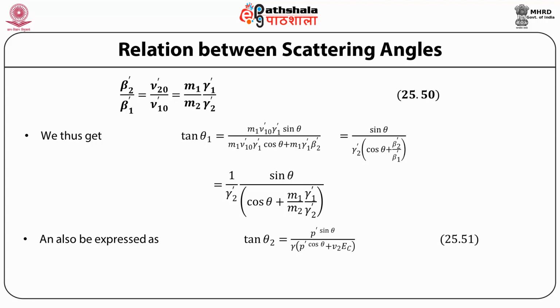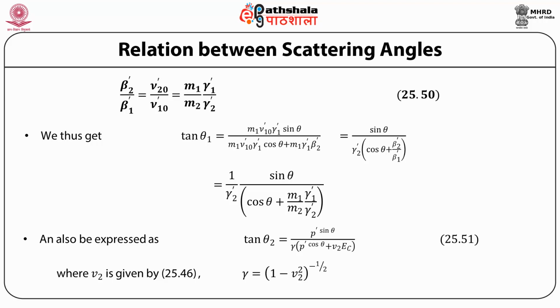It can also be expressed as tan theta 2 equal to P prime sin theta divided by gamma into (P prime cos theta plus V2 into EC), where V2 is given by equation 25.46, and gamma is equal to 1 divided by the square root of 1 minus V2 squared.